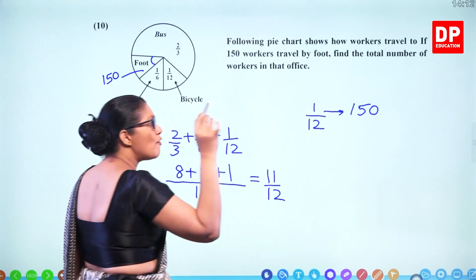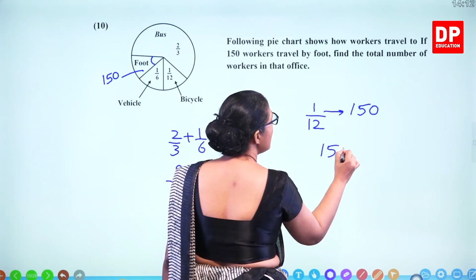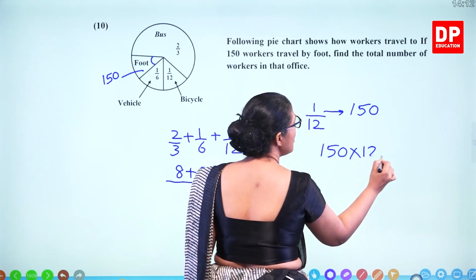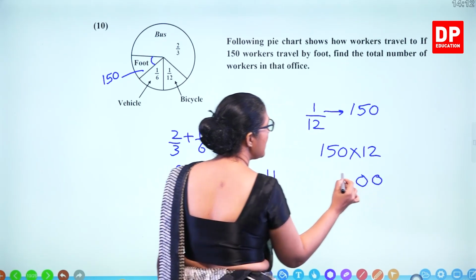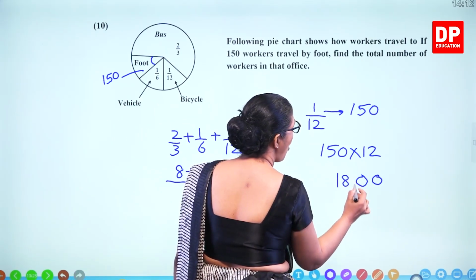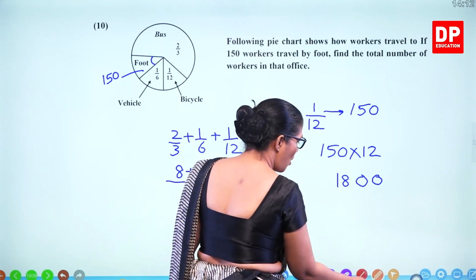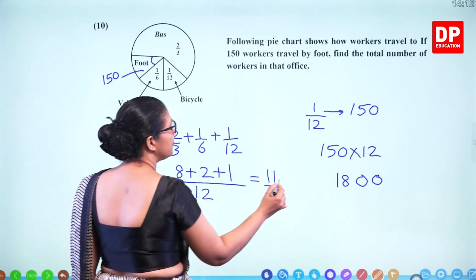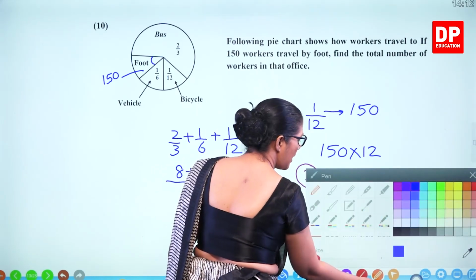So what about full parts? Means 12 parts multiplied by 12. 150 multiplied by 12. 12 times 0, 0. 12 times 5, 60. 12 times 1, 12 plus 6, 18. So altogether 1,800 workers are there. So you get 2 marks. Method mark and the accuracy mark.